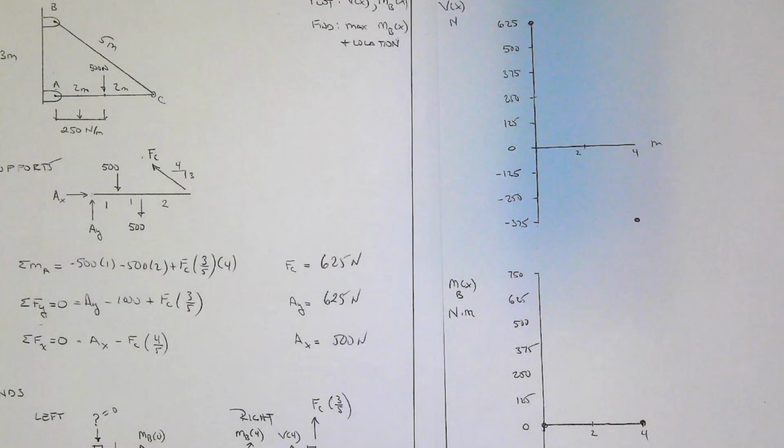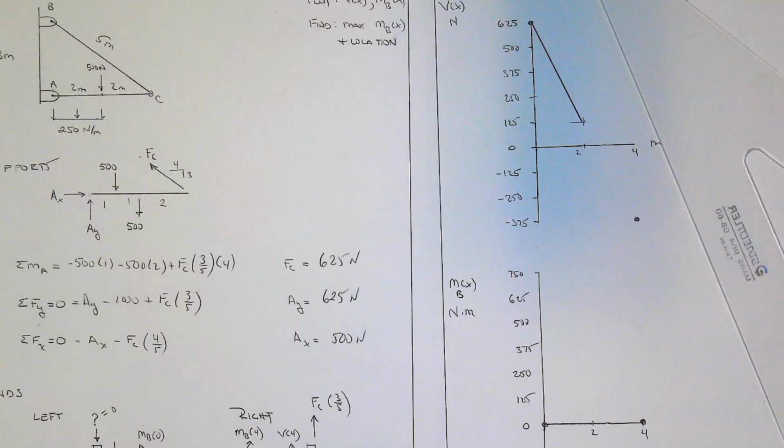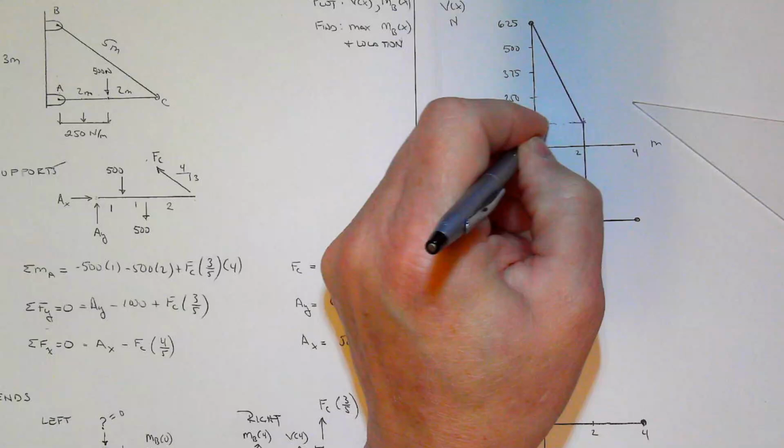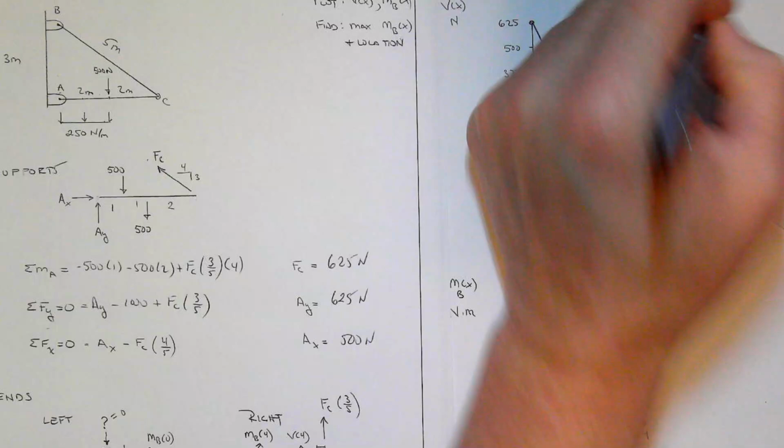All right. So we need to do our supports, which would be done in the usual way. So if I sum the moments at A, starting from the left, which is my practice, I have 500 going clockwise, so minus 500 times 1, minus 500 times 2, that's for this piece, plus going counterclockwise, FC, the y component would be times 3/5.